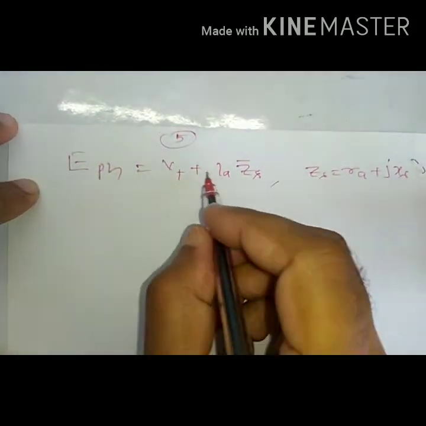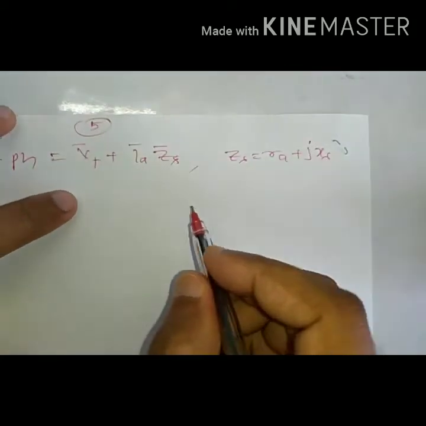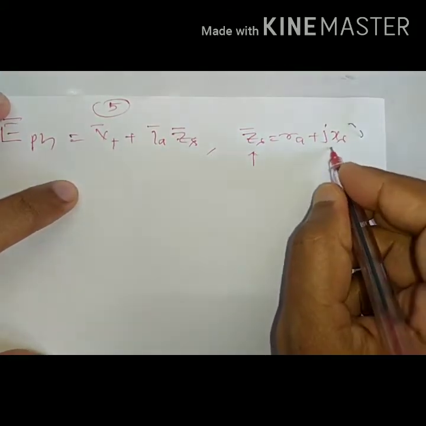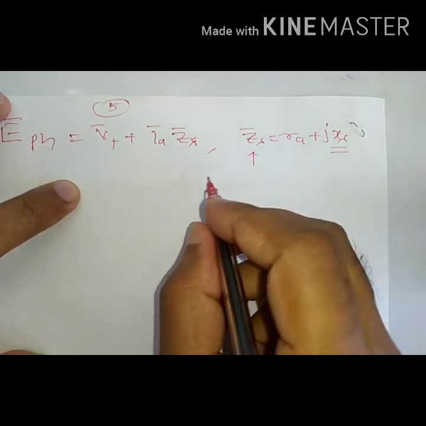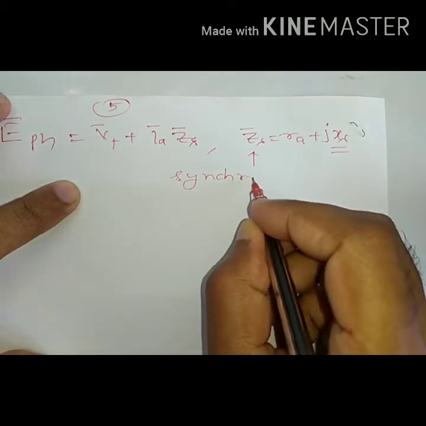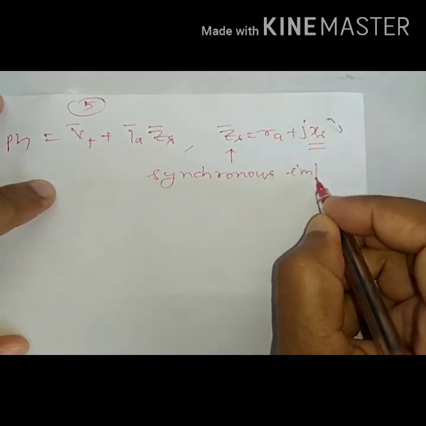So these are all phasors, right? Here XS is the synchronous reactance, and Zs is known as synchronous impedance. Synchronous impedance.